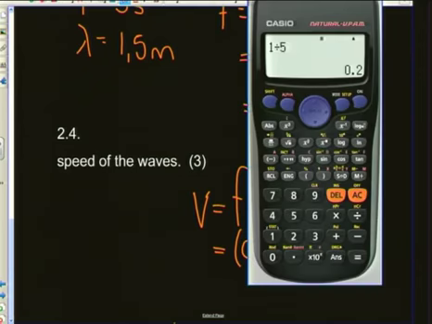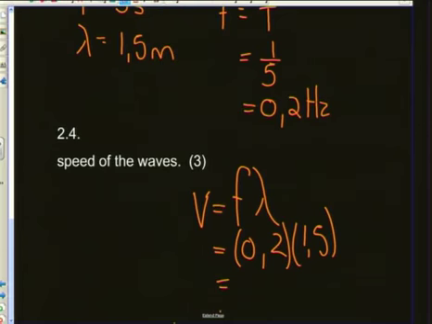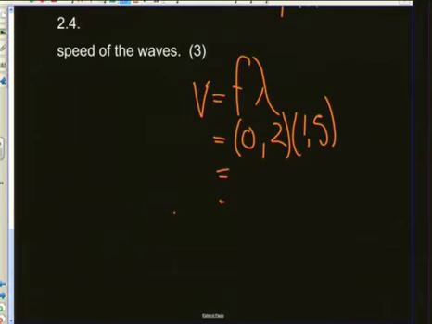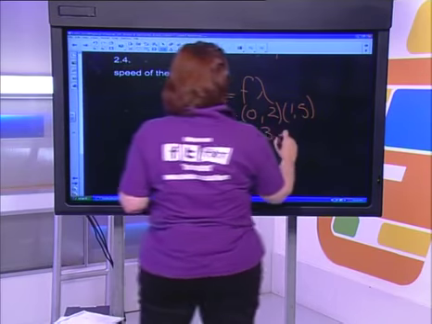And I'm pretty sure that some of you can do this in your head, and that's great. But we're going to use the calculator just to be on the safe side. So 0.2 times 1.5, 0.3, okay? So we get an answer of 0.3, but now we've got to remember that this is speed, okay, so we need meters per second.